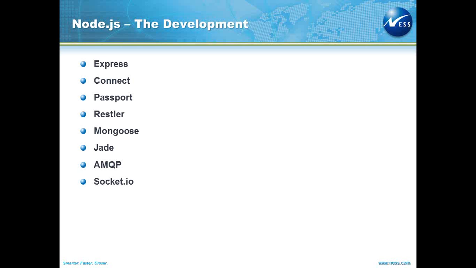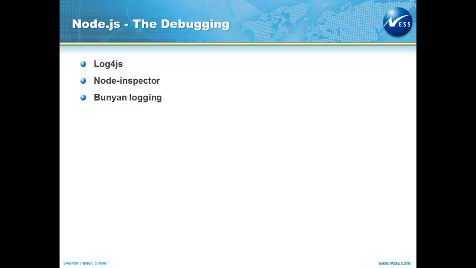So this is about the development. Let's look at the debugging. Log4j. Those of you from a Java background would know what Log4j is. You have the entire capability available using Log4j as well. You can set thresholds, choose your appenders and do the whole bunch of stuff just as you did in Log4j.